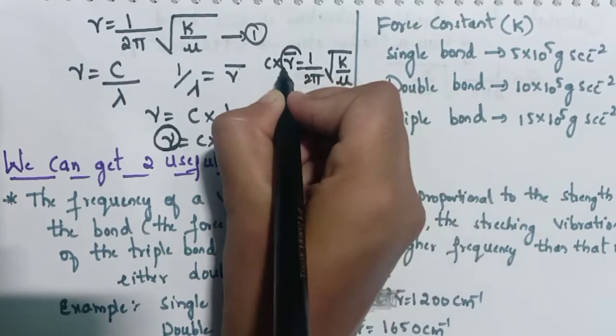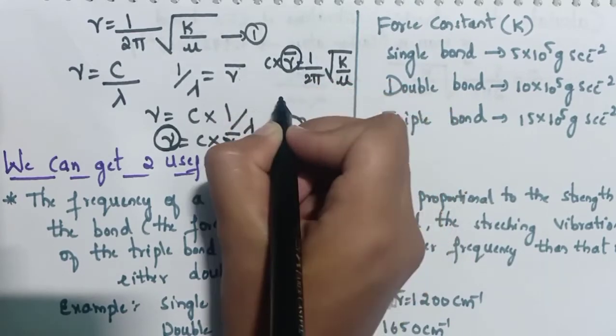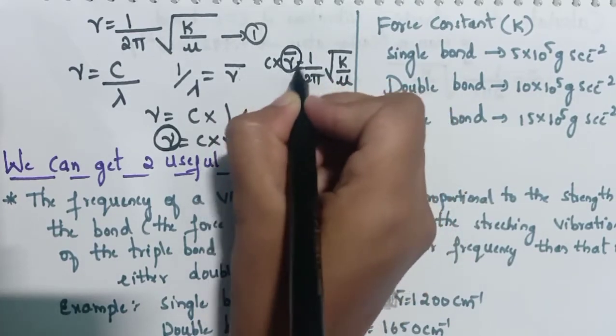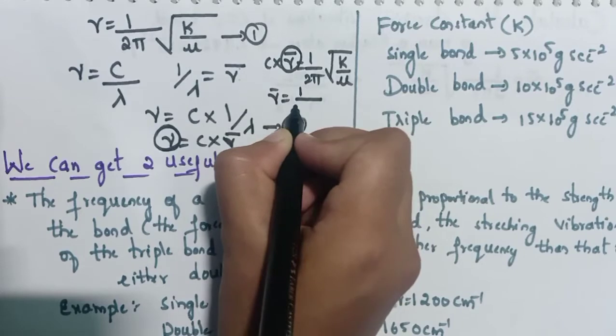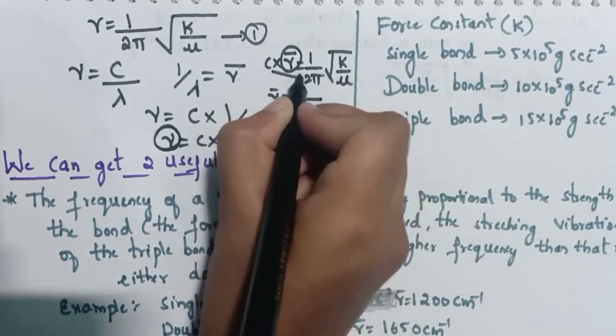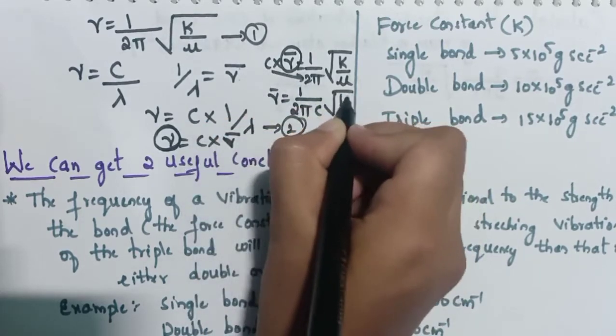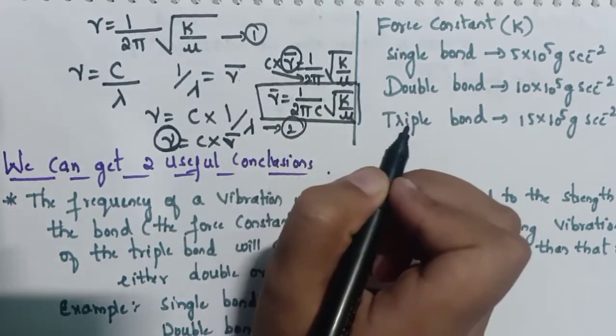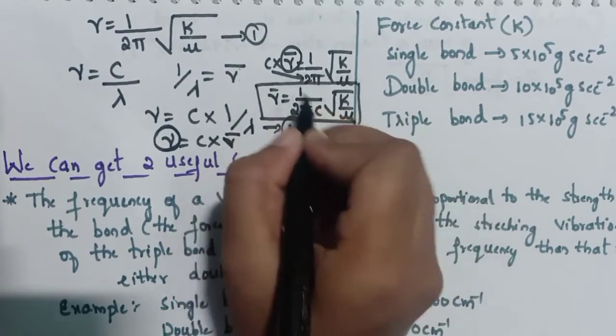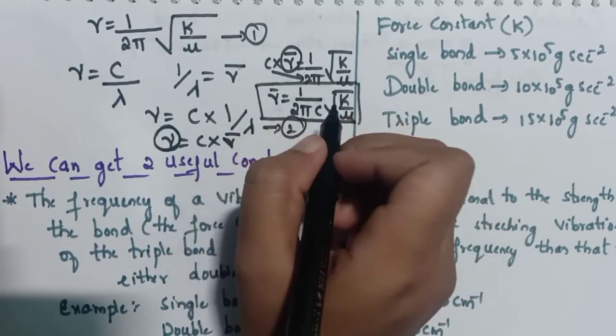We need the value of the wave number, since in infrared spectroscopy we represent values in nu bar. So nu bar is equal to 1 divided by 2 pi c root of k divided by mu. This is our Hooke's law now, and Hooke's law can be written like this.